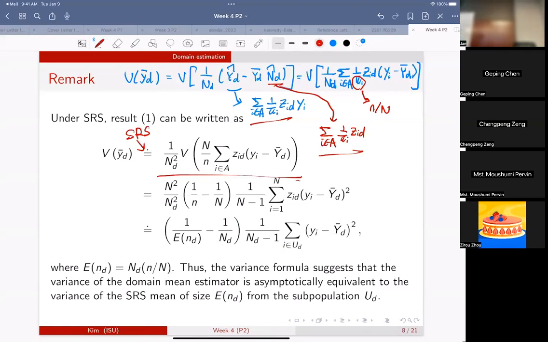Then what is the form of the variance of the Hurwitz-Thompson estimator under simple random sampling? Remember, the Hurwitz-Thompson estimator under simple random sampling is N squared over n times 1 over n times s squared. We are going to use that, but here the whole thing is Y.